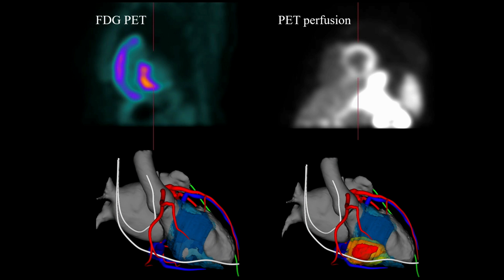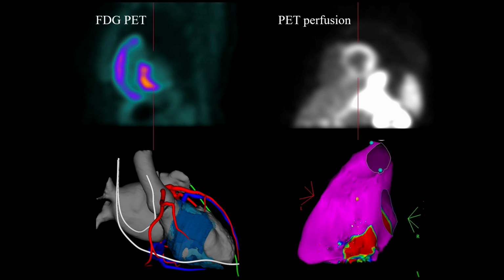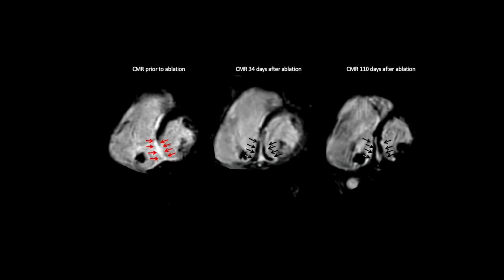This corresponded to the electroanatomic voltage map. This is the left ventricle, this is the septum, with this area of low voltage, and this is the right ventricular voltage map. The arrhythmia came from this area, and we carpet bombed this area with extensive ablation from both aspects of the septum.